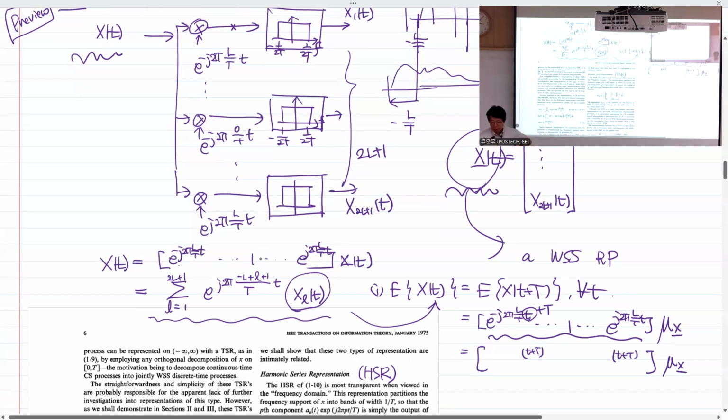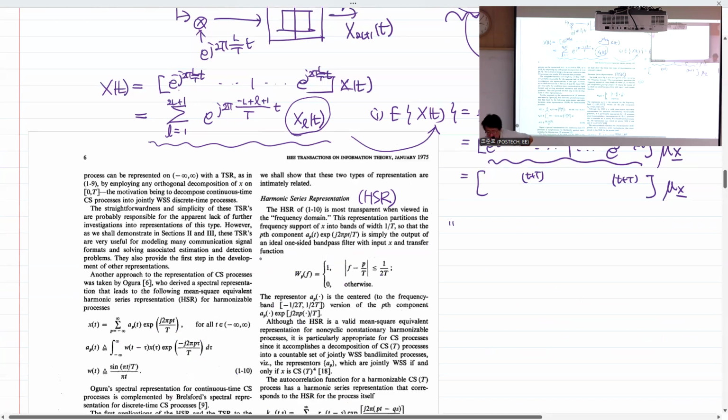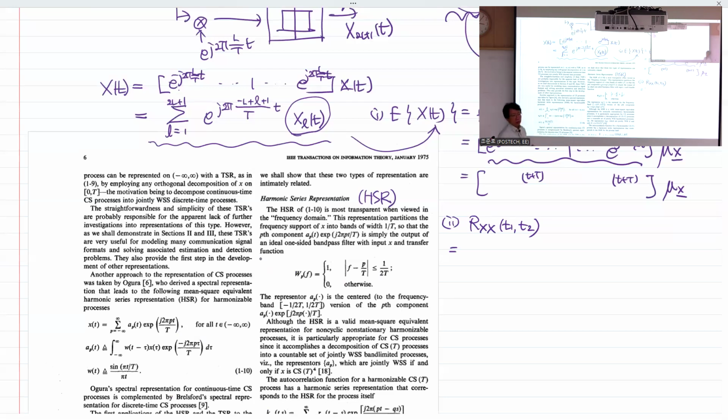Now, second, we want to show that the autocorrelation function of the random process X is what? Invariant under translation of the origin by an integer multiple of T. So how can we do this?